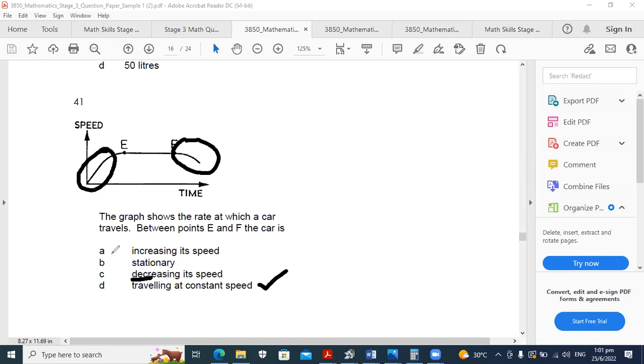It's slowing down. So it's like you gas it up, and when you gas it up, you reach a certain speed, you just start to cruise, and then you slow down and stop. So the answer for 41 would definitely be D.